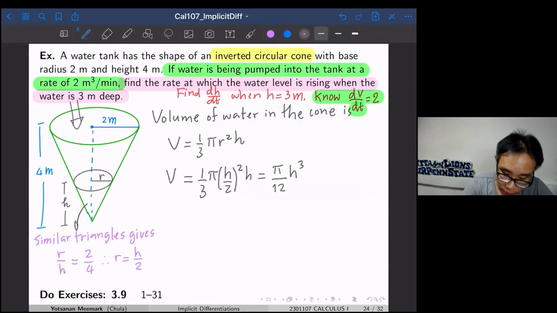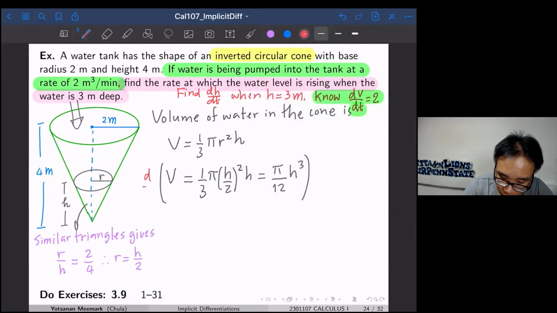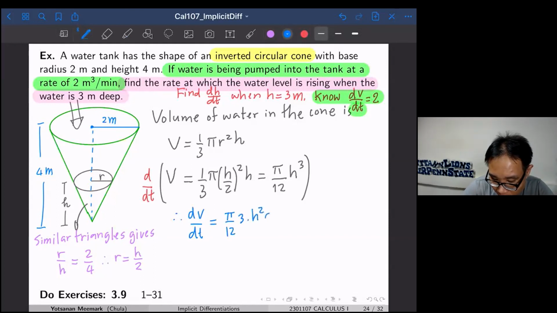And you're going to differentiate both sides with respect to t. So you get dV/dt equal to pi over 12 times 3 h squared dh/dt.